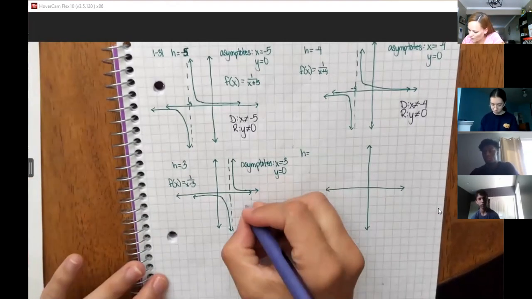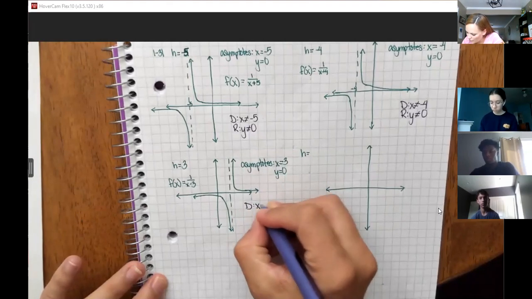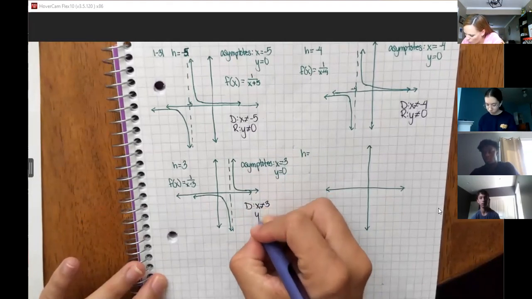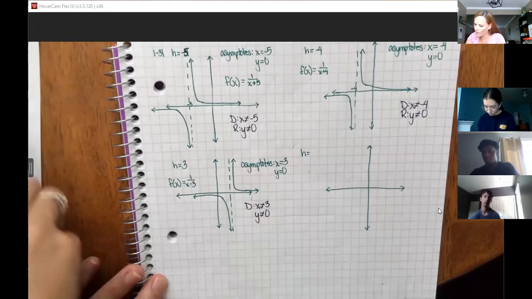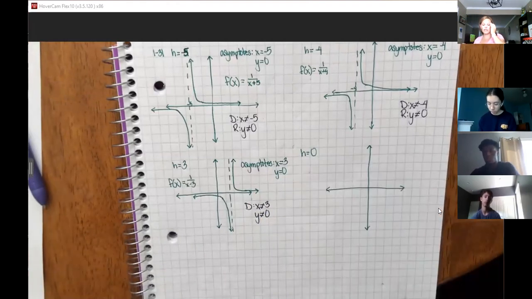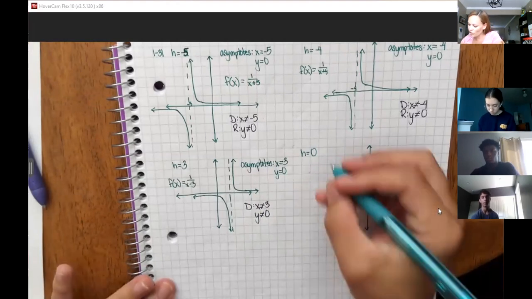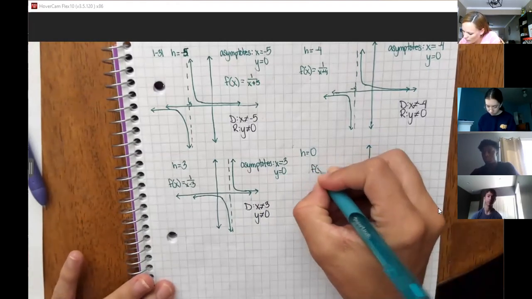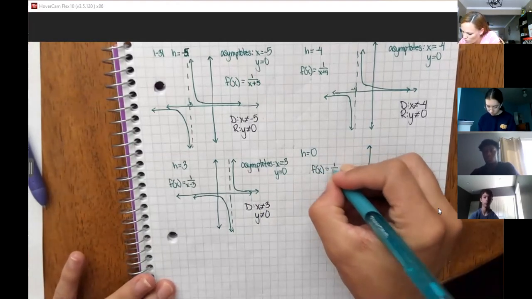And same thing with our domain: x doesn't equal 3 and y doesn't equal 0. The other one I want to do is what if h equals 0? If h equals 0, our equation is just f of x equals 1 over x.